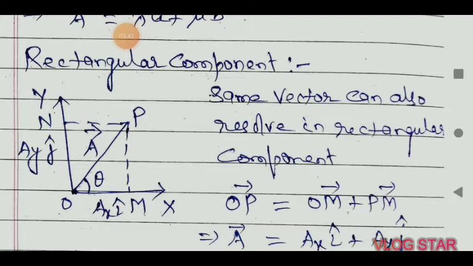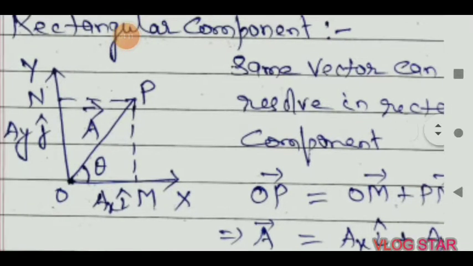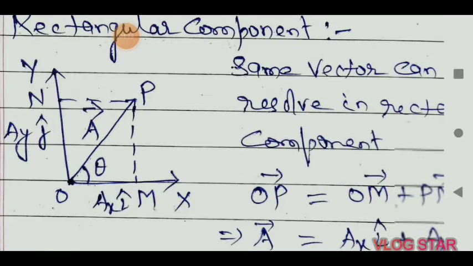It makes an angle theta with the x-axis. If theta is the angle with the x-axis, then it is 90 minus theta with the y-axis, because x and y are perpendicular. Now from point P we have drawn perpendiculars to the x-axis and y-axis, and OM and ON are the projections of vector OP along the x and y axes respectively.